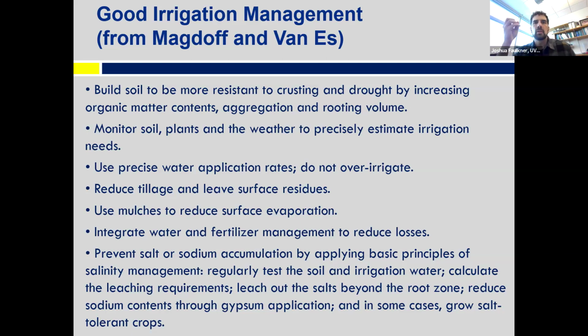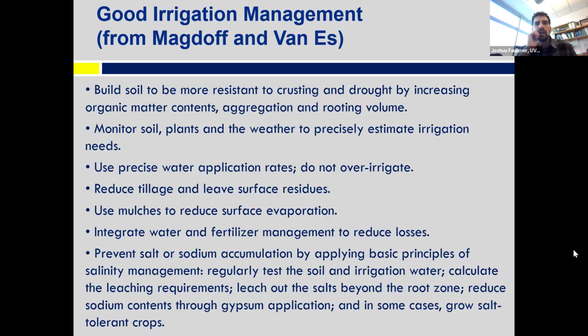As these help with infiltrating rainfall, they also help with making sure irrigation water gets into the soil where it belongs and preventing the runoff of that soil, and then also increasing the water holding capacity, right? Increasing the moisture that can be held after drainage stops, from field capacity down to the permanent wilting point. So it lengthens that piece of the soil moisture continuum.